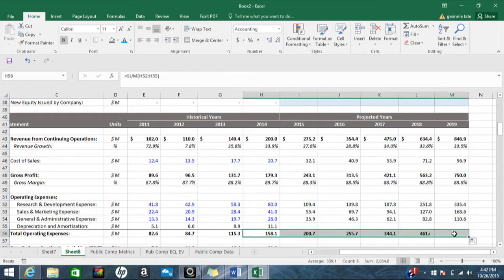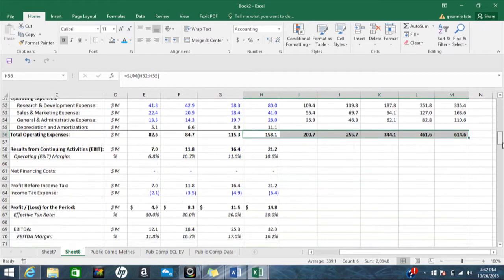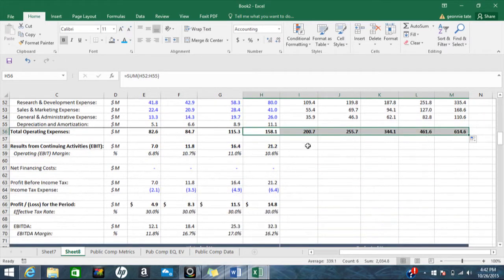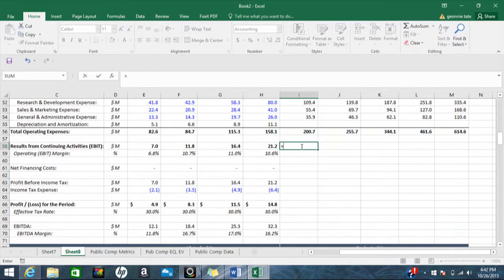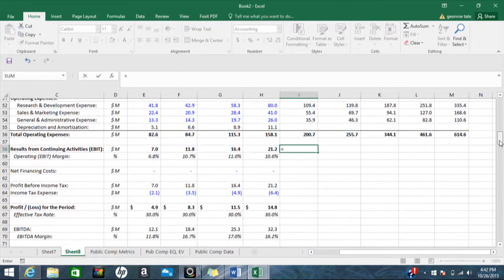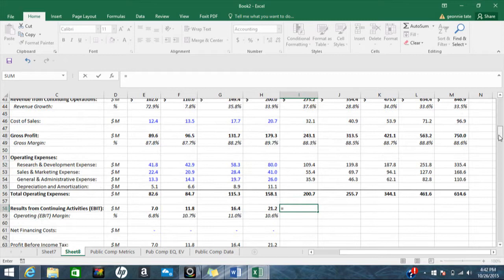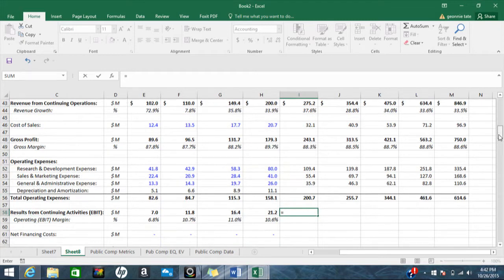I'm going to wait to come back to do the depreciation and amortization. Also, I have to come back and calculate the EBITDA at the end. So right now, I'm just calculating the EBIT.